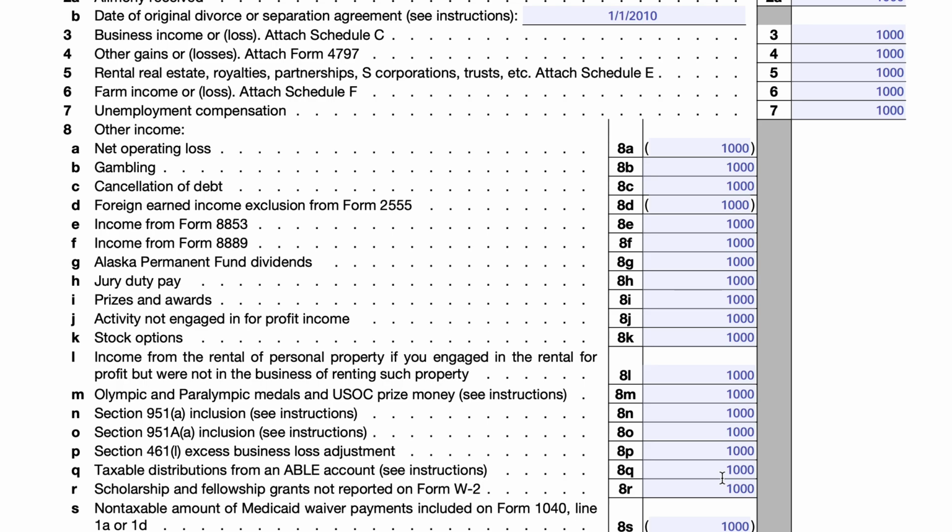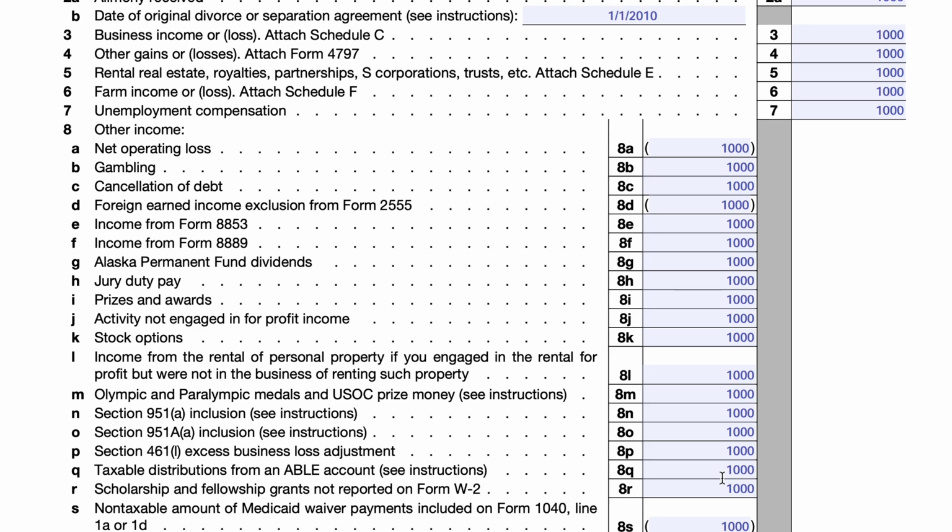So an ABLE account is a special form for a designated beneficiary with qualified disability expenses, basically to allow people to receive tax-preferred or tax-free income while still qualifying for certain state programs designed to help them.